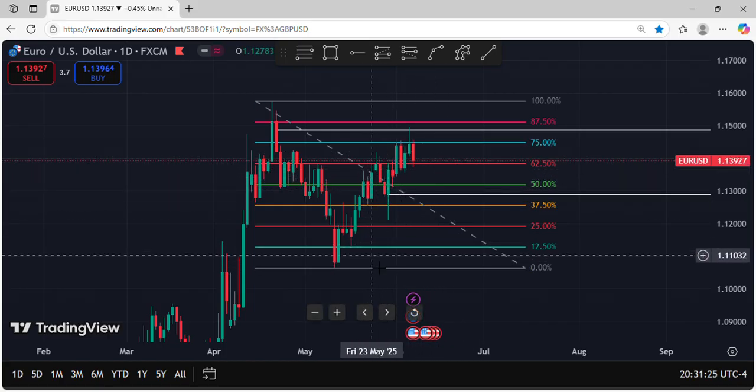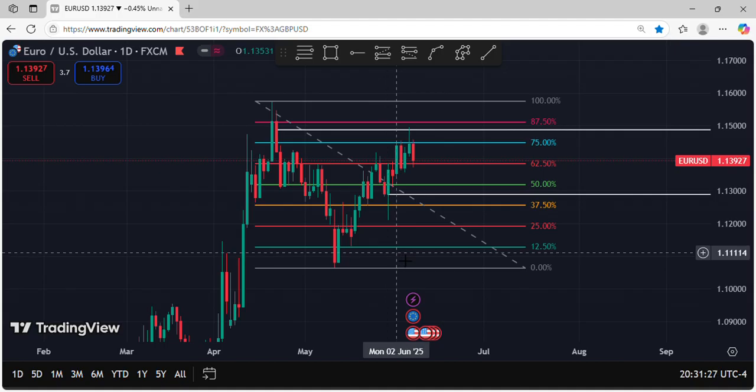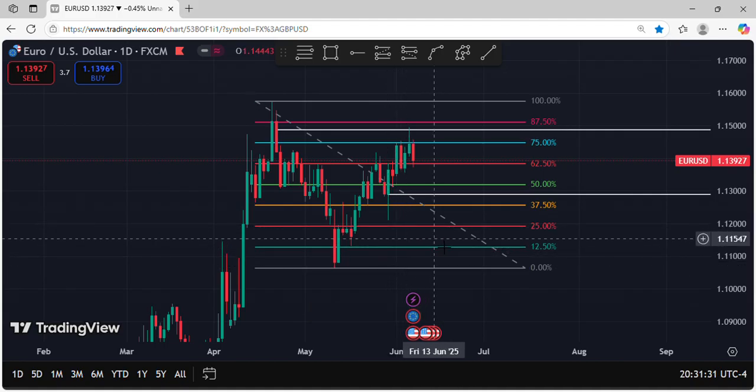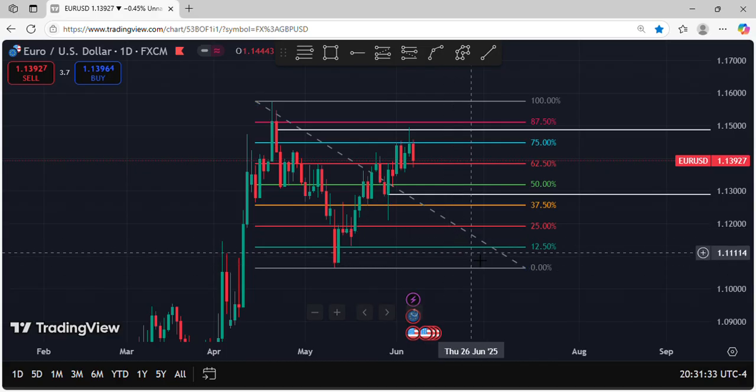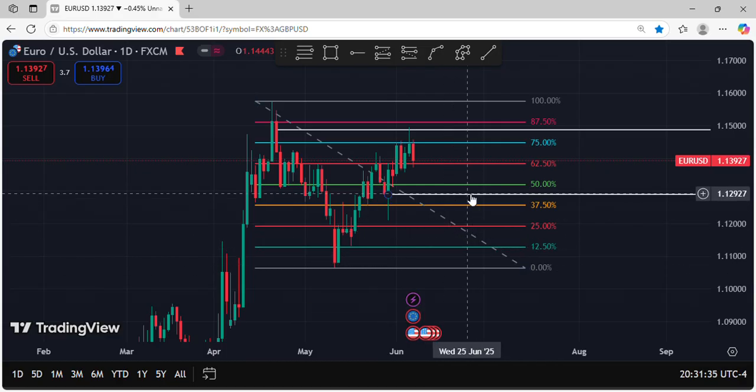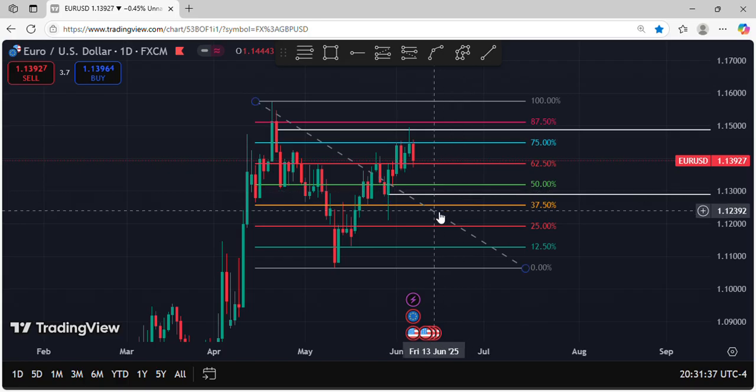And so what I did was I found the middle ground, the center of the 25 and the 0, which is 12.5, then the middle of the 25 and the 50, which is what? 37.5.